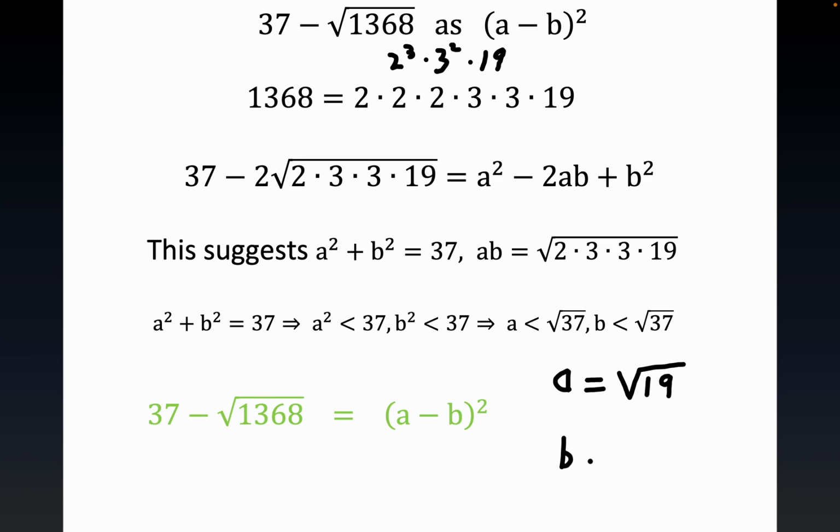Notice that's equal to 2 times 3 times 3. So a is the square root of 19, b is the square root of 18. Again, folks, everything is satisfied without having to do any calculations.